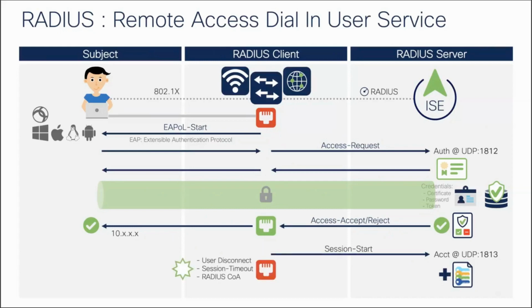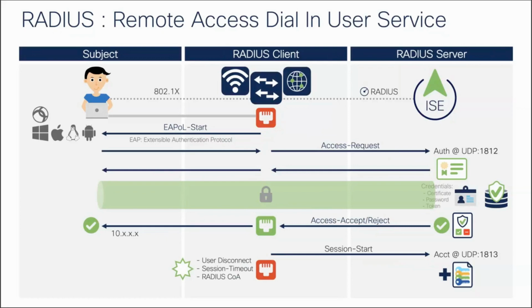And that could be the user unplugs, they disassociate from a wireless AP, the session times out, you need to re-authenticate them because the session is no longer valid, or maybe ISE does a RADIUS change of authorization because we thought they were doing something bad on the network, or we needed to change their authorization because they were a guest and they logged into a portal, or their posture went from bad to good.